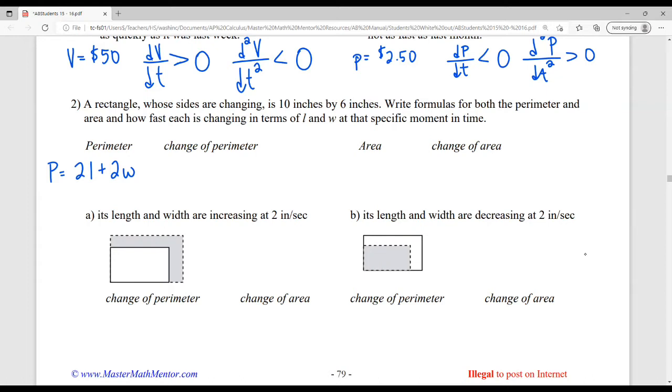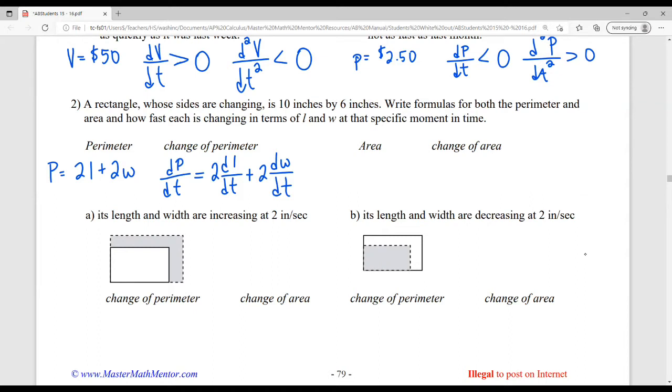But in this case, we're going to have to write it every time because we're taking the derivative with respect to time. So the derivative of P is just 1 dP/dt. The derivative of 2L is just 2, but that's dL/dt. Plus the derivative of 2W is just 2, but we're taking that derivative with respect to time.